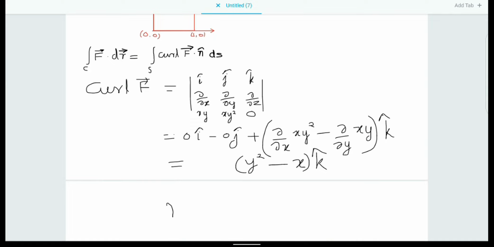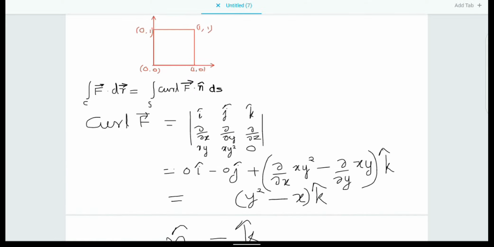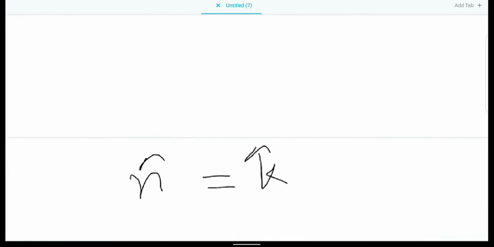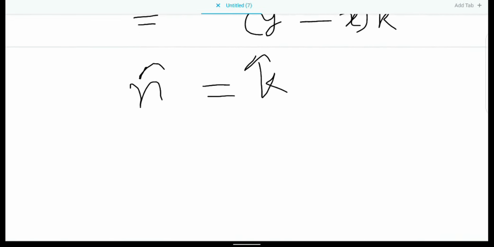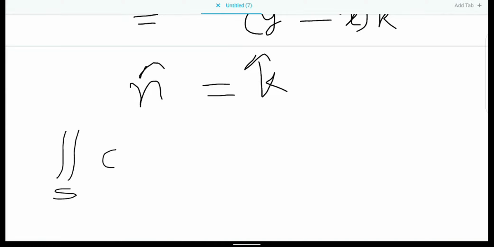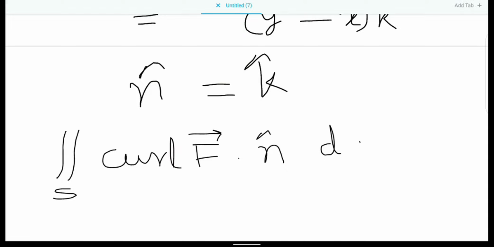So n equals the unit vector k. So let's compute the surface integral on the right hand side of Stokes' theorem, the surface integral of curl of F dot n dS.